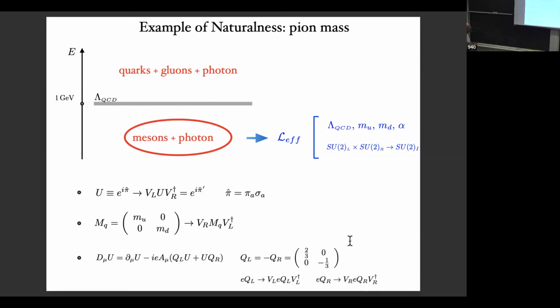We have the usual picture: there is an ultraviolet description in terms of quarks, gluons and the photon. This is the standard model at energies just above the GeV. So remember, this is coming down from the weak scale, approximately scale invariant, then at the scale of 1 GeV, the QCD coupling becomes strong, and bound states form out of quarks and gluons.